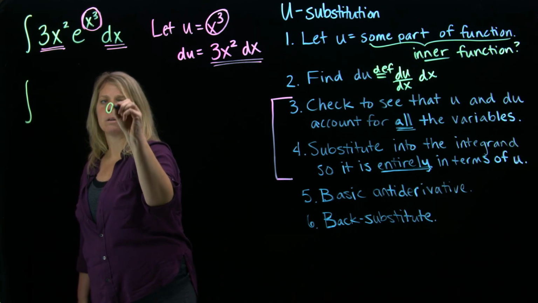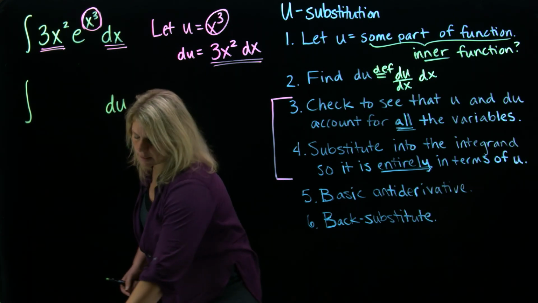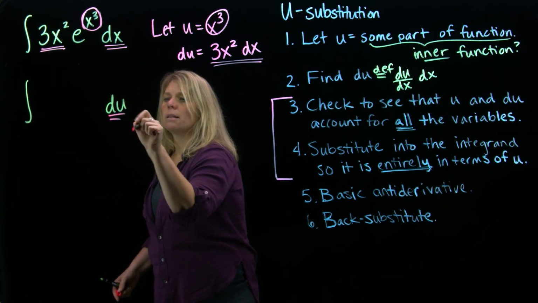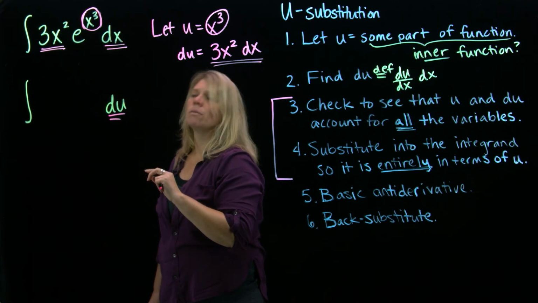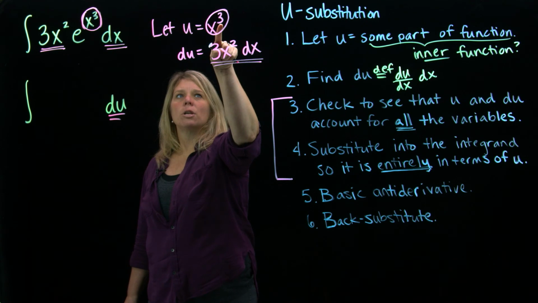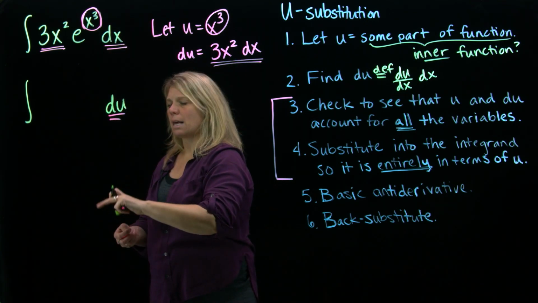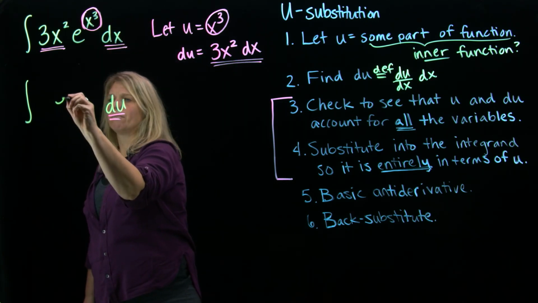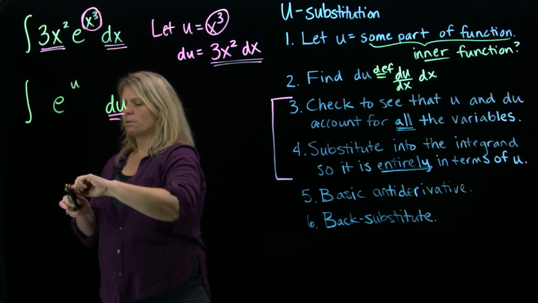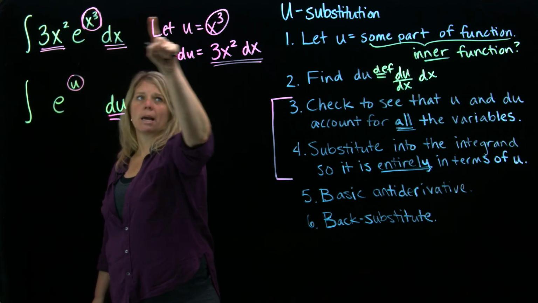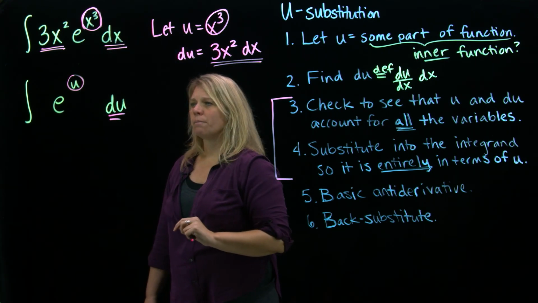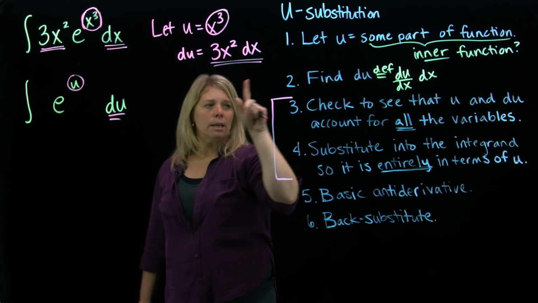That is all du. I'll just underline that so we're clear that du went in place of the 3x squared dx. And then in place of the x cubed, I'm going to substitute u. I still have this e here. I'll put a little circle around that to indicate that it corresponds with the x cubed that I had up here.